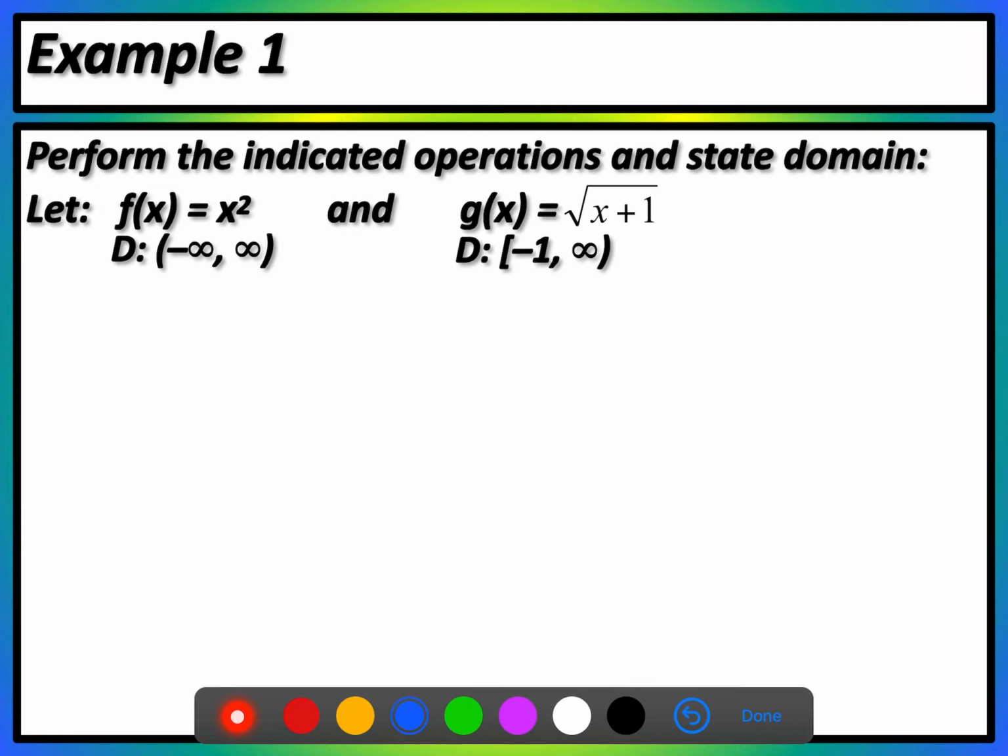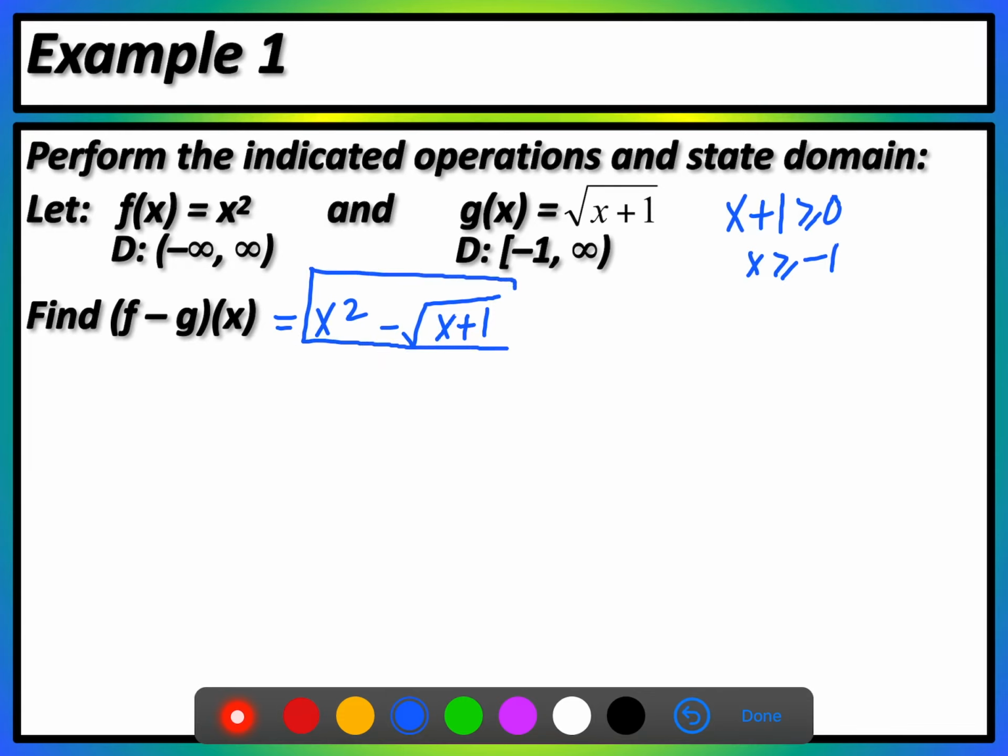I have f of x, which is x squared. That's a parabola, and parabolas always have a domain of negative infinity to infinity. And g is a square root, which we got by restricting our domain to only positives. If I want to do f minus g of x, that means f of x minus g of x. So this is my new function; there's not really anything I could simplify there. My domain now has to take into account the restrictions from both.